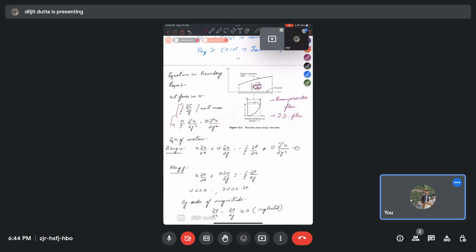So the equation of motion in x will be, you can also derive it from the Navier-Stokes equation, but if we directly write the important components, one is the acceleration, and we have also considered the flow in this laminar sublayer to be steady.